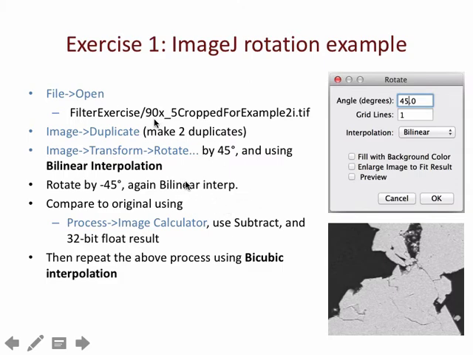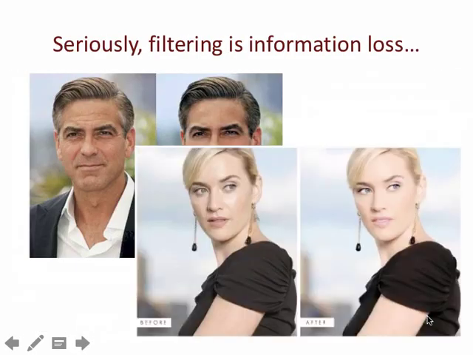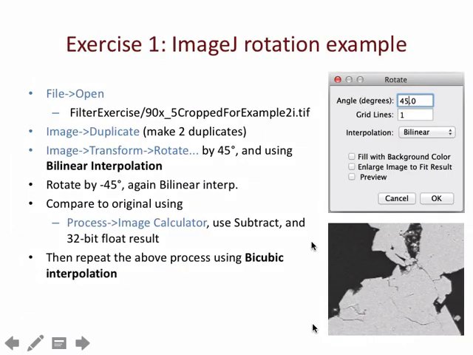UTBox has a dizzying number of settings that you can possibly turn on and off. So take this 90x cropped, for example. That's the piece of that image here that we looked at, just this piece. And before doing anything to the image, duplicate it. Actually, do it twice.